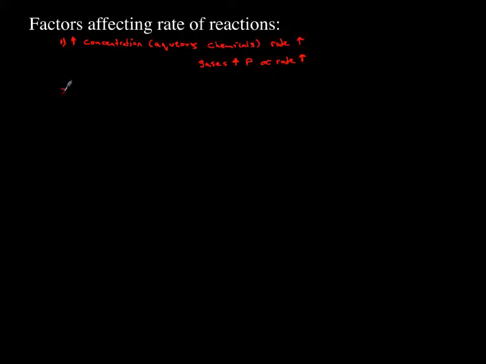The other factor is if you increase surface area. This is only for solid chemicals or reactant. You increase it, the rate goes up. One other thing you should realize, which I'll talk about a little bit more, is surface area increases when the size of the solid decreases.